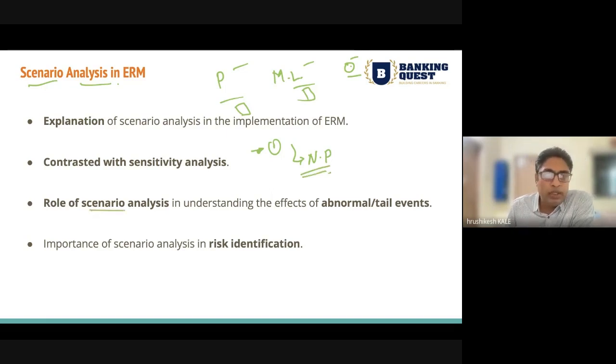Scenario analysis is used to understand the effect of abnormal or tail events. Now, the definition of a tail event is very, very difficult.